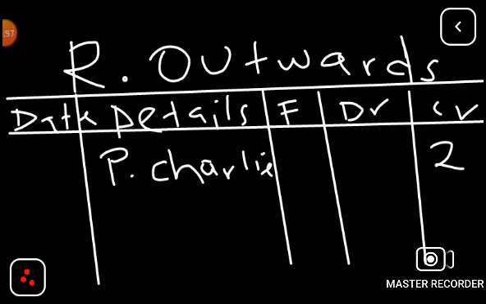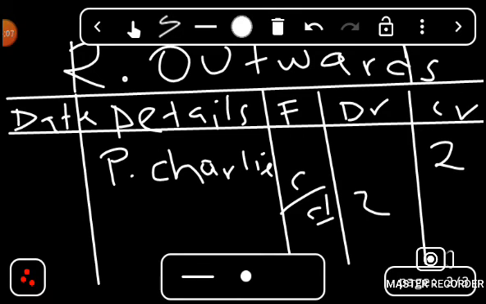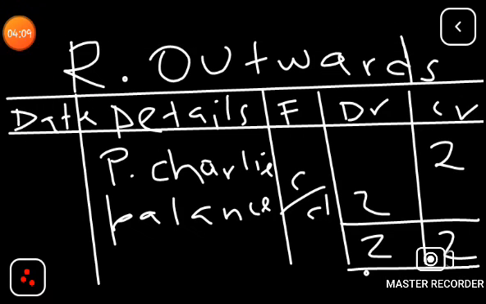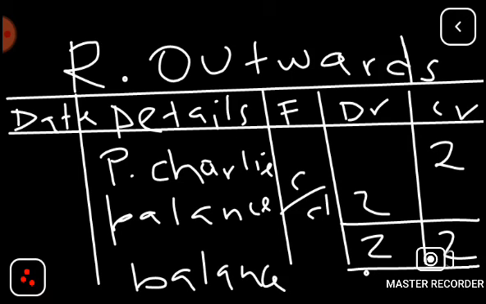Remember that this has a credit balance, so we're going to write 2 here, P. Charlie, credit. So we are going to write off the 2 kwacha that we had given back to Charlie, and we are going to write our balances there.